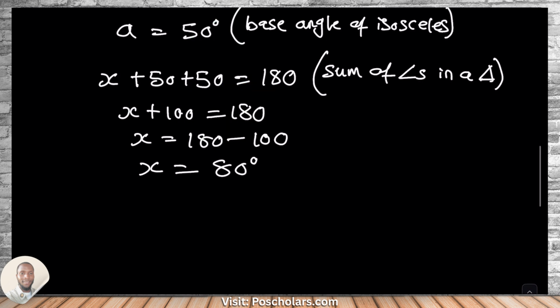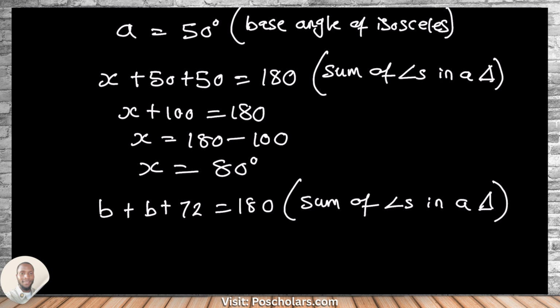So let's write that down. B plus B plus 72 equals 180. And what's the reason? Sum of angles in a triangle. Next, we simplify. B plus B gives 2B plus 72 equals 180. Next, subtract 72 from both sides.